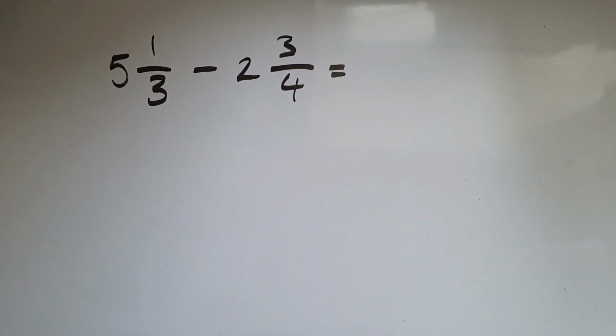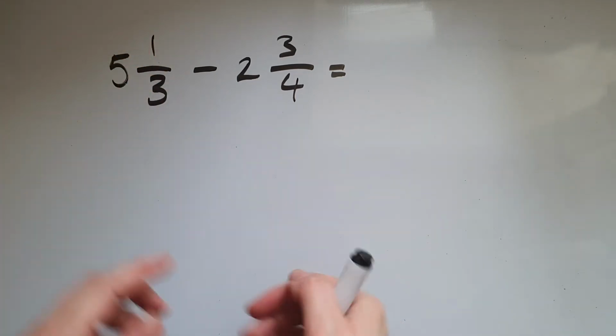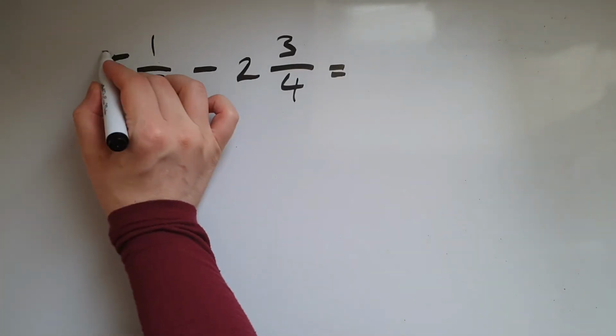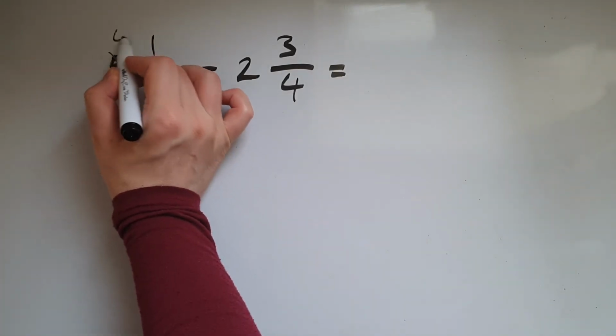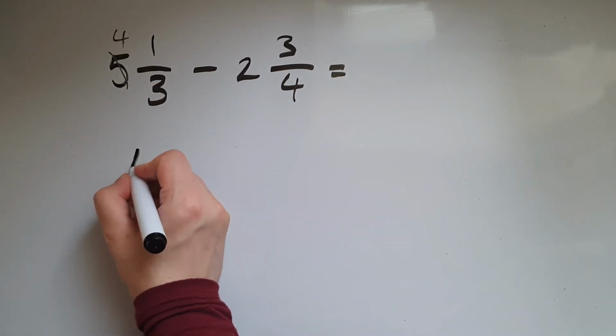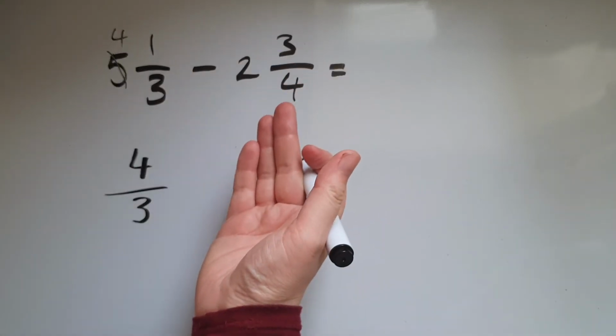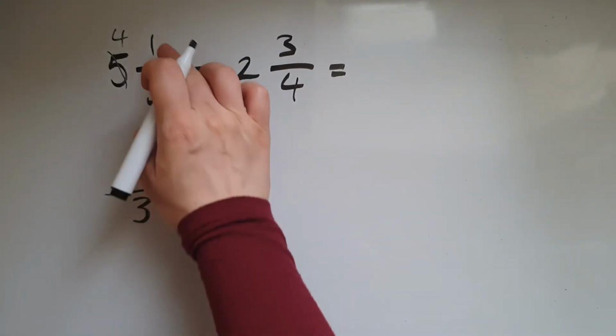So this is what I'm going to do. I'll add a whole 1 to the fraction. So borrow 1 from the 5 and make this 4/3. So 3/3 is equal to 1. That's what I've added to 1/3.